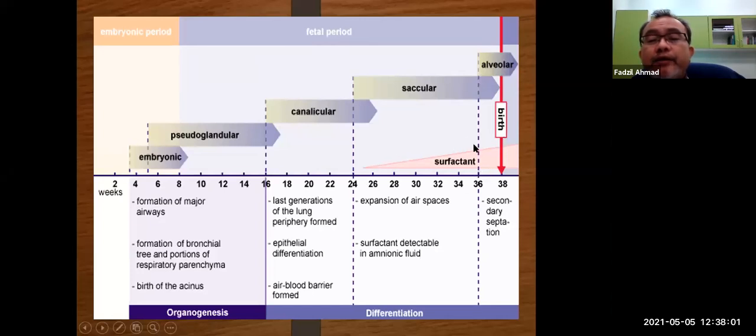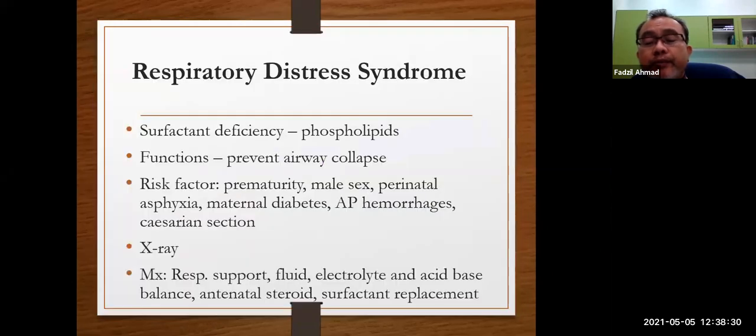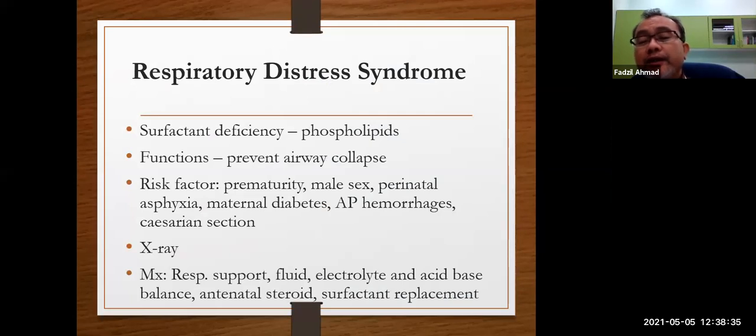Rarely do you have RDS after 36 weeks. Usually even at 34 weeks, surfactant is considered to be adequate. Beyond this, surfactant is not enough to open up the alveoli, and thus you need surfactant artificially. So the main thing is the age of the neonate. If you're premature, most likely you are RDS.